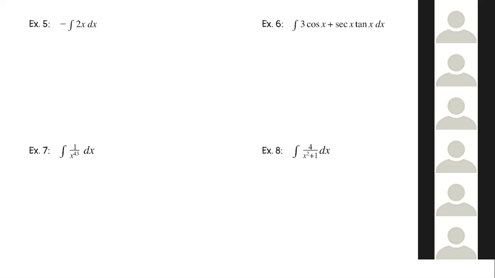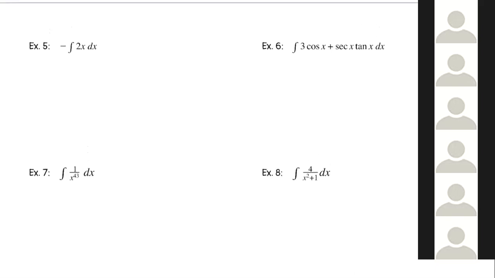All right, so let's take a look at example number 5. For example number 5 here, we can use that constant multiple rule, that 2, we can bump right out to the outside, and we'll get negative 2 times the integral of x to the first power dx. We can plug that into our power rule.